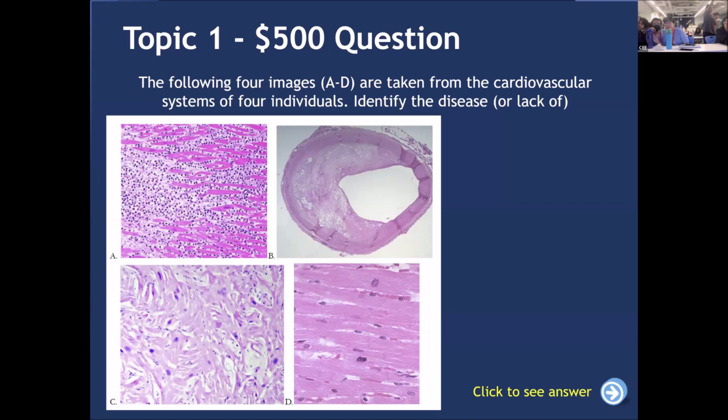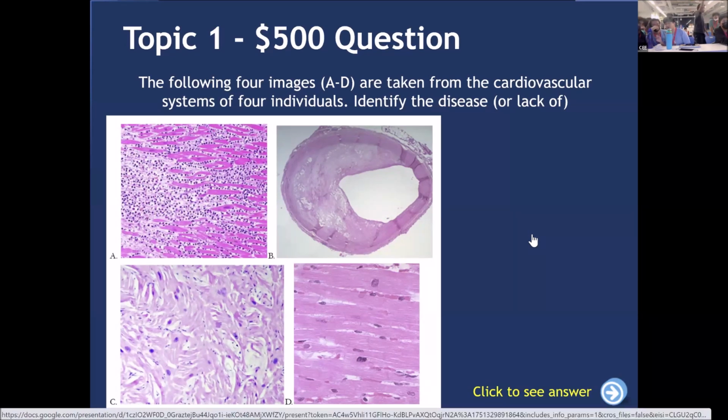The upper left is just Purkinje fibers. The top right is atherosclerosis, just because it's a plaque. And then the Purkinje fibers on the top left. Right? I didn't say Purkinje.